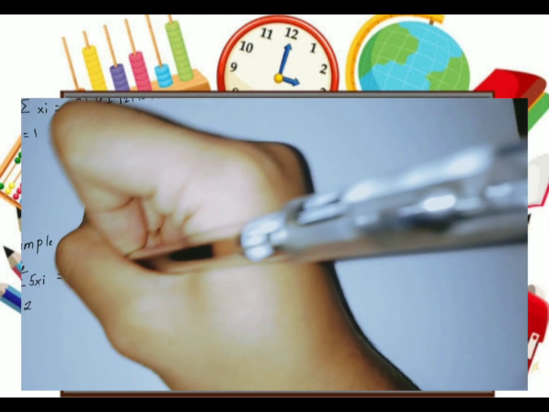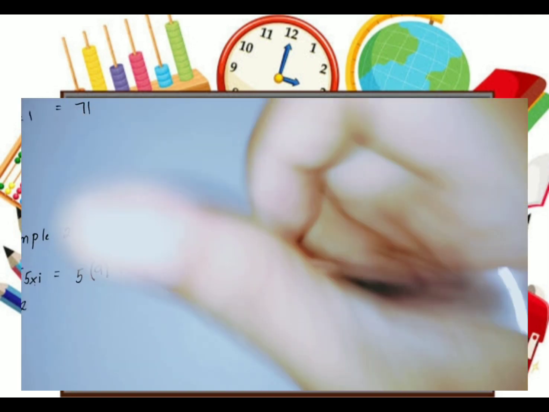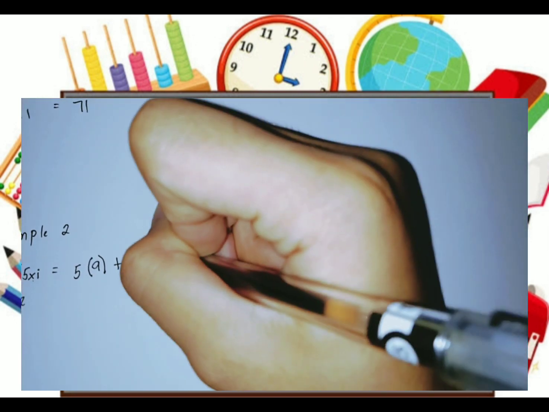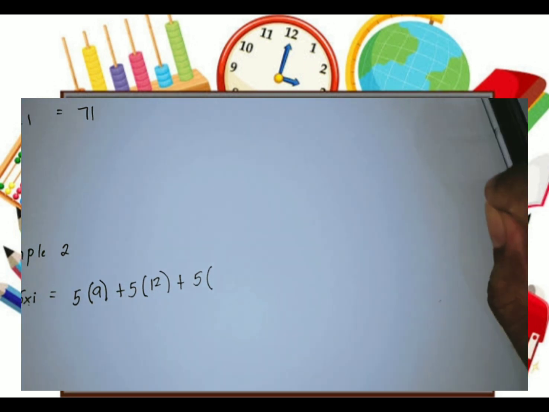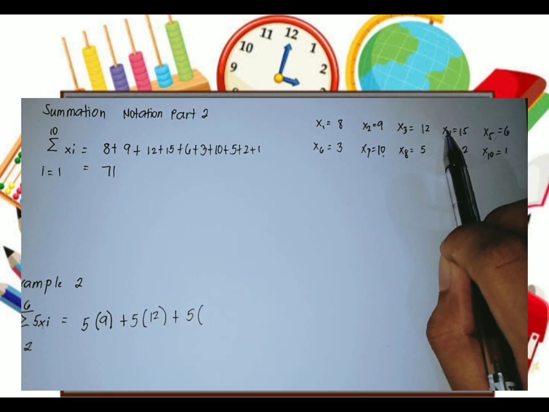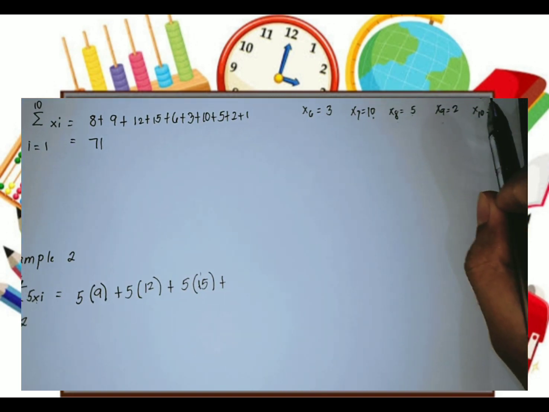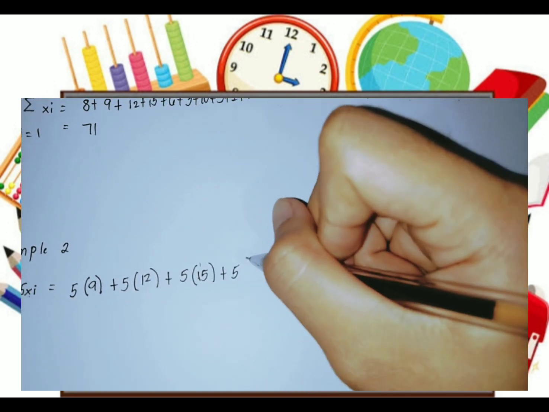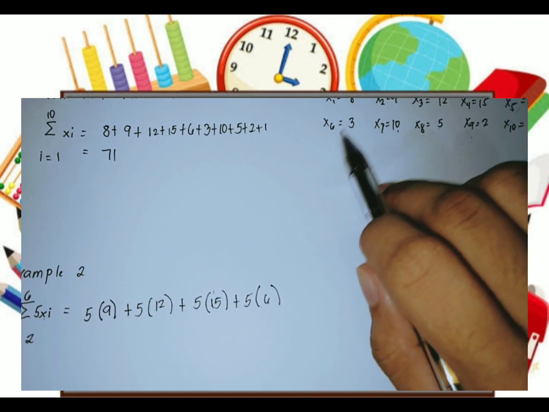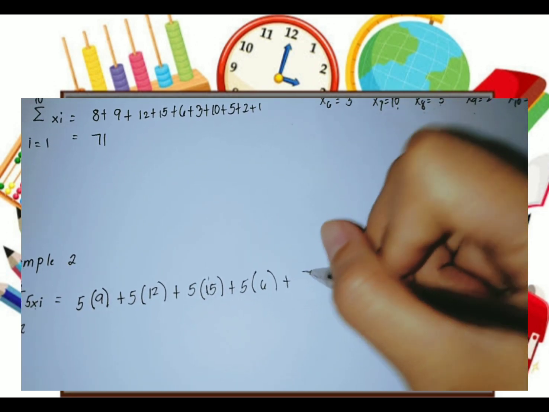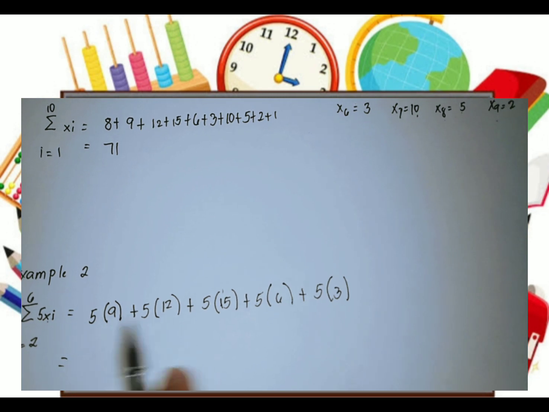So 5 times 9, plus 5 times x sub 3, which is 12, plus x sub 4 is equal to 15, plus x sub 5 is equal to 6, and our upper limit x sub 6 is equal to 3. So 5 times 3. Now we will multiply before we add.